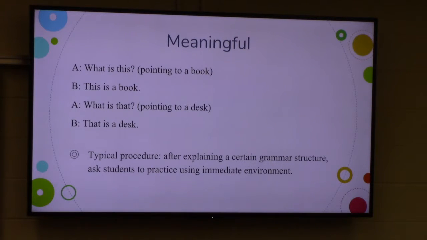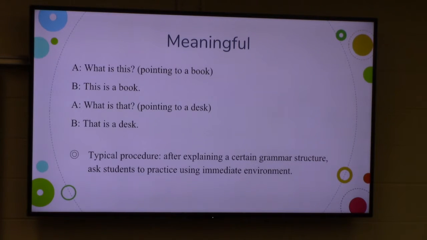Okay, this is a computer. Right. So the answer is quite obvious. There's no processing there. You just need to use the structure and put the vocabulary there. That's okay. But it's different from drill. It's not simply repeating because it carries a little bit of meaning, although the answer is obvious. Okay, so it's meaningful.